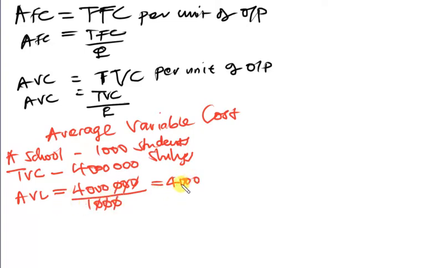So that means the average variable cost would be 4,000 shillings in this circumstance. So that proves our point that the average variable cost is given by the formula total variable cost divided by the total output.